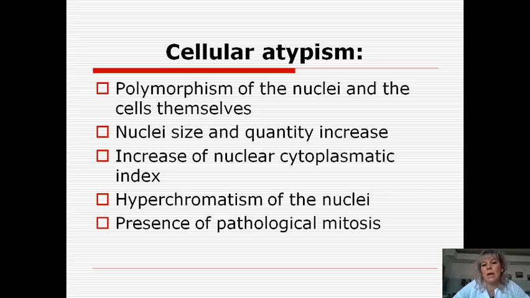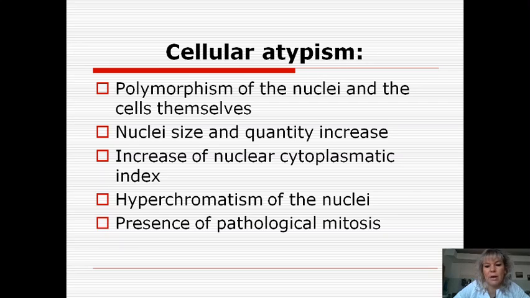What about cellular atypism? We see polymorphism of the nuclei and the cells themselves. Nuclei size and quantity increase. Increase of the nuclear-cytoplasmic index in favor of the nucleus: the growth of size and increased number of nuclei.